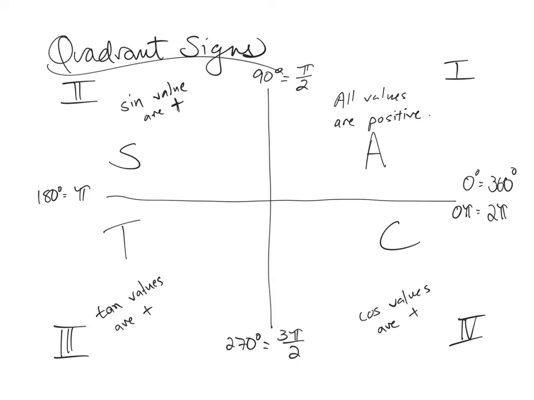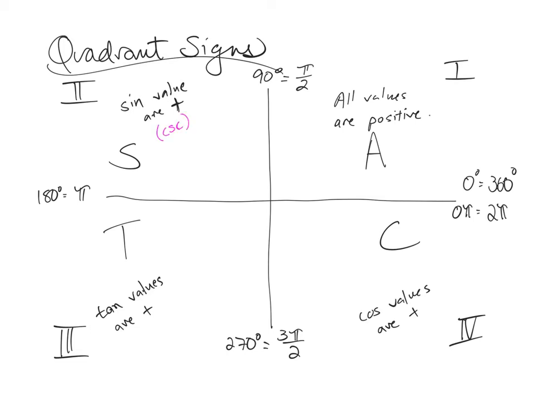But before we move on and actually apply these different quadrant signs into actual exercises, I need to mention that all values are positive. I mentioned all 6 trig functions here: sine, cosine, tangent, cosecant, secant, cotangent. But over here, it's not just the sine values that are positive, it will also be the cosecant values as well.